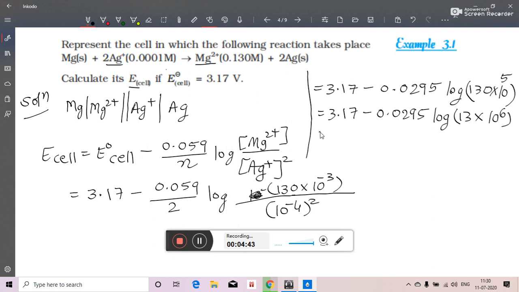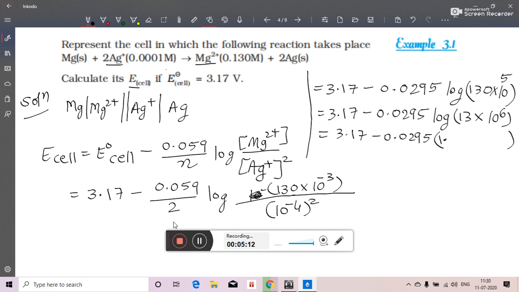So 3.17 minus 0.0295 times log of 13 into 10 raised to 6. In 13 there are 2 digits, so we'll put 1 point. We have to take one digit less. So 1 point, now we have to see log 13.